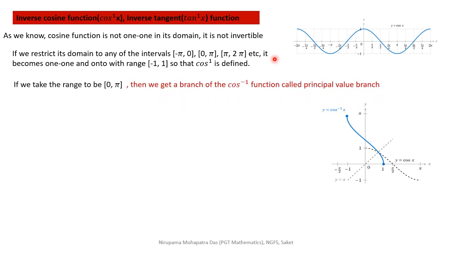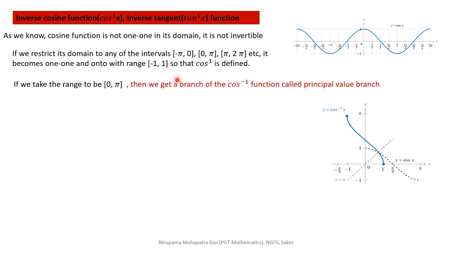But again, like sine inverse, here also we consider the nearest interval, which is 0 to pi. So we take the range of cos inverse as 0 to pi.